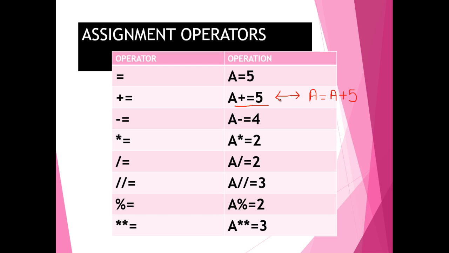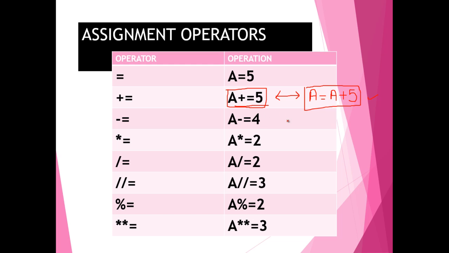In order to write this statement, assignment operators provide us a shortcut way. Instead of writing a two times, I will write it once, and then the plus equal to operator will do the same work as performed by this expression.